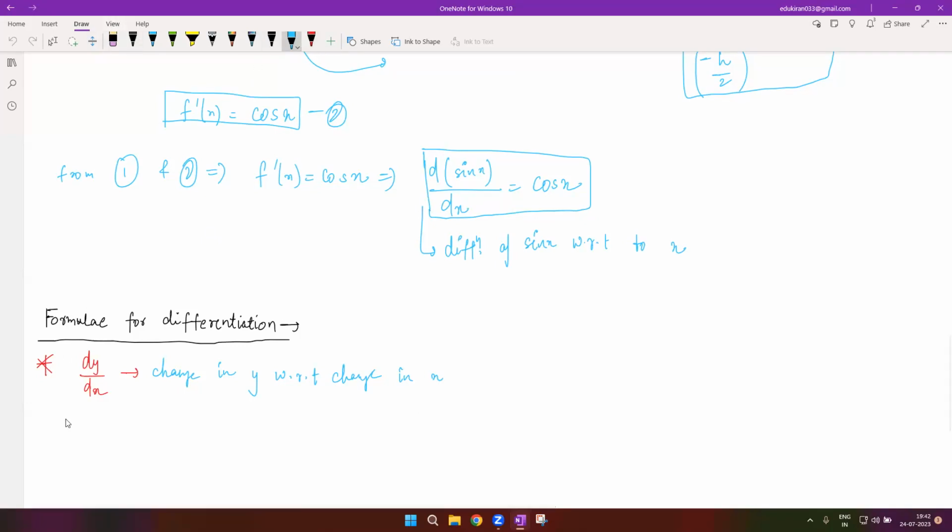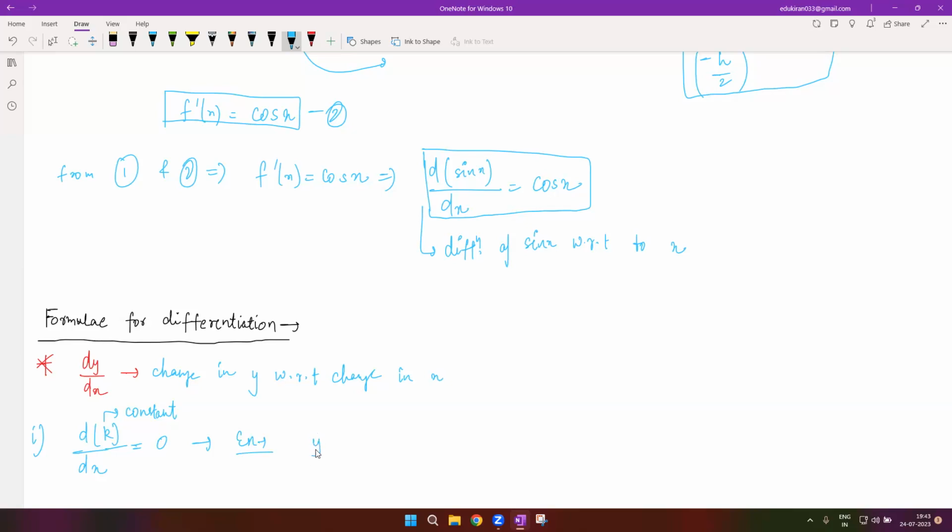The first formula in this case is, if we are differentiating any constant, so this k represents a constant. If you want to differentiate a constant, the differentiation of a constant is always 0. I'll also show you the examples here.